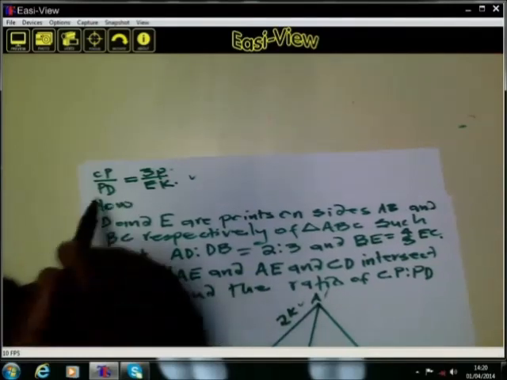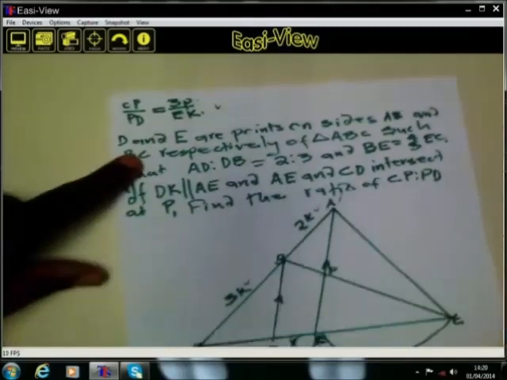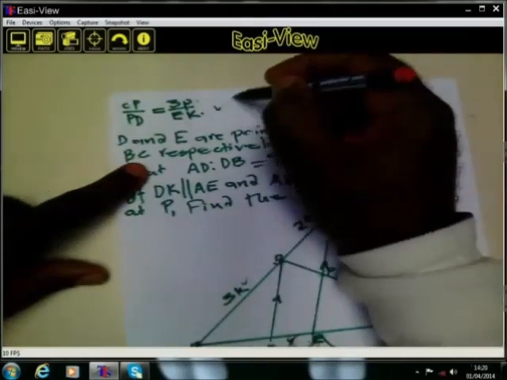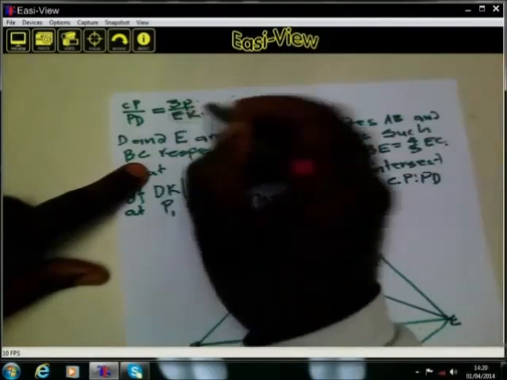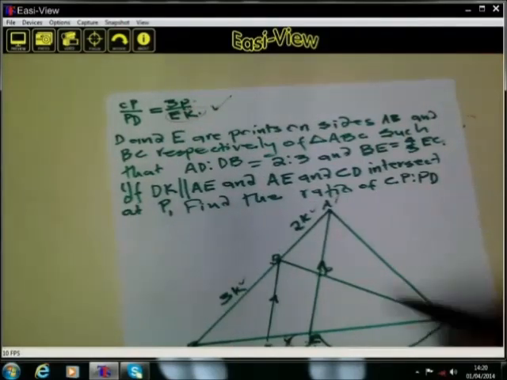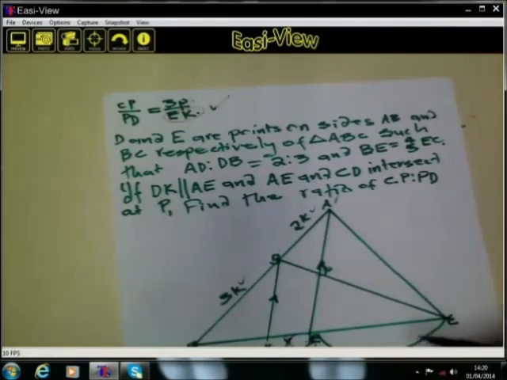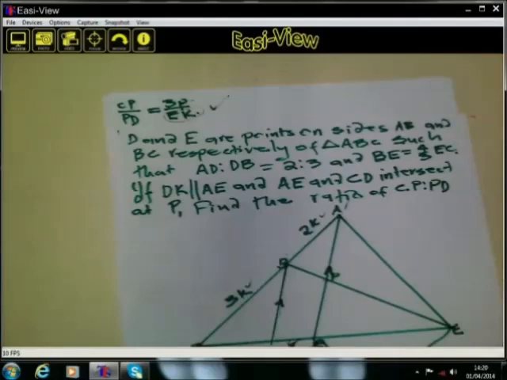Now that we have two unknowns here, it becomes extremely difficult for us to determine what EK will be, because we don't have the magnitude for this and for that. We only have the magnitude of one side.